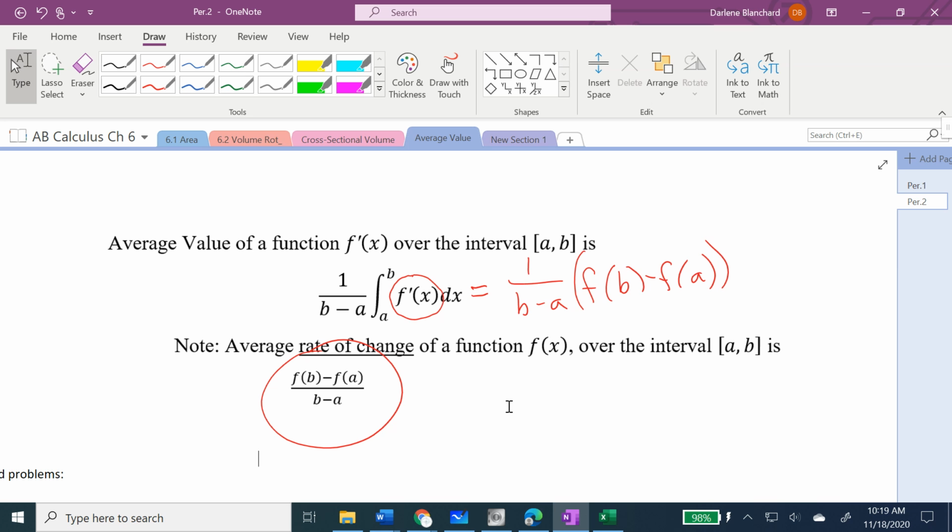You're given the position function, you're asked to find average velocity. You should just throw it in a slope formula and be done. This person thought, if I need to find average velocity, I need to integrate velocity from a to b and divide by b minus a. So what they did was they took the position function, found its derivative, velocity, and then integrated it and went through the entire integration process without realizing that they were literally going backward on what they just did.